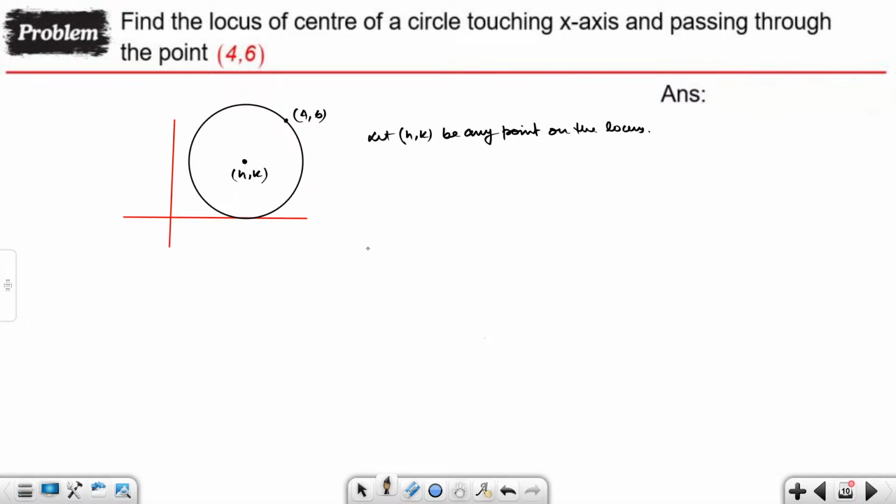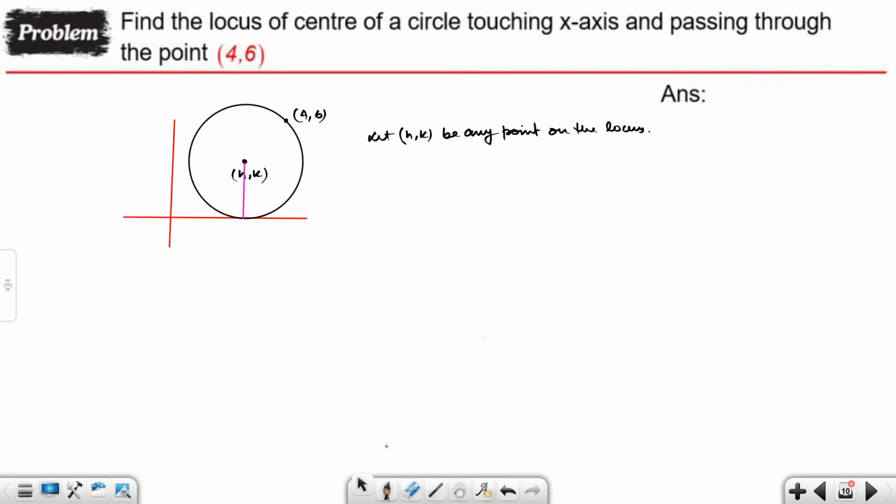Now, see, if a circle is touching the x-axis, what will be its radius? From the center, if I join the point of contact, this is called the point of contact. What do you mean by point of contact?